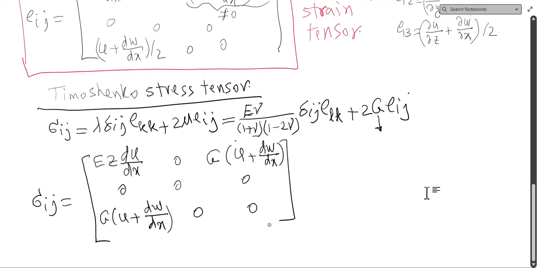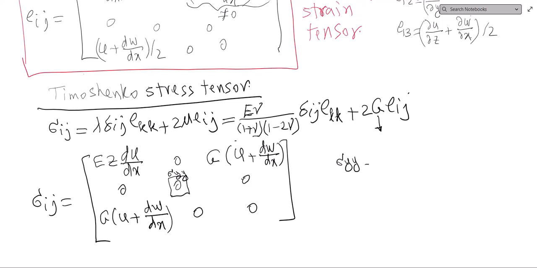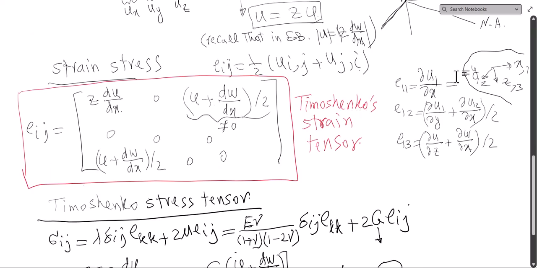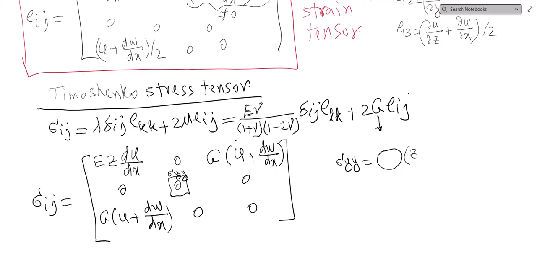One thing again here is that the effect of Poisson ratio is neglected, because if you look at yy, for example, this component, which is sigma yy, if you write the sigma yy, will be the coefficient E mu, delta 22 is 1, ekk is the sum of the diagonal again, so you get this z dphi dx.